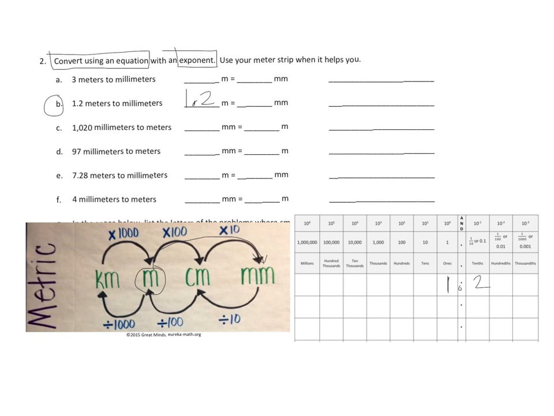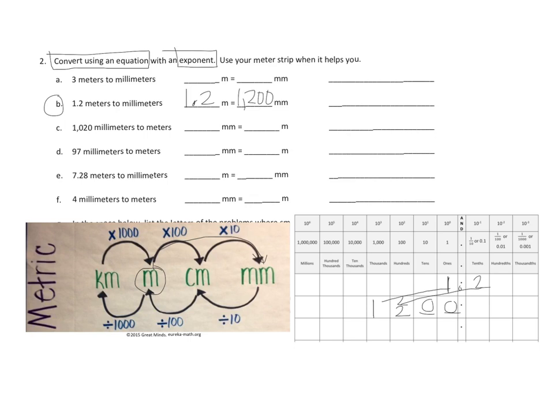The numbers move 3 times to the left, so that 1 will go into the thousands, and the 2/10 will go into the hundreds. And we need to fill in the tens and the ones with zeros, so we have 1,200 millimeters.